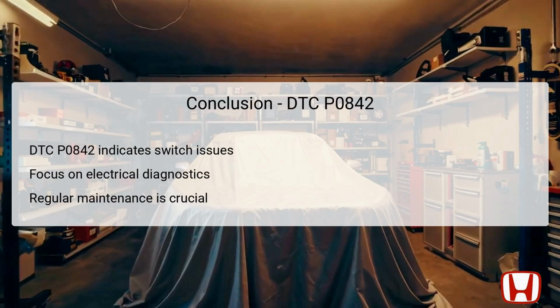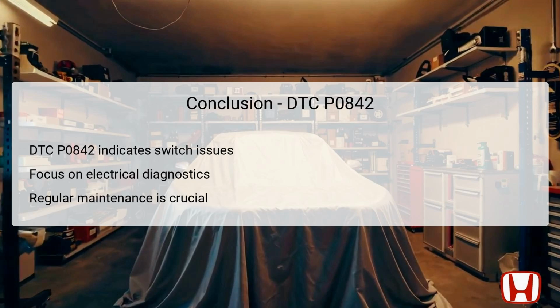In conclusion, DTC P0842 specifically highlights issues related to the transmission fluid pressure switch A, second clutch, circuit, or its status being stuck on. Effective troubleshooting requires a focus on both electrical diagnostics and an understanding of the component's role within the transmission system. Each step in the diagnostic process, from initial checks to final verification steps, plays a pivotal role in identifying and resolving issues accurately.